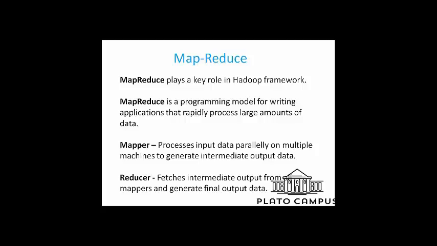So MapReduce, you can say, consists of two words. One is map and another one is reduce. In order to understand what map is and what reduce is, I will take you back to the school example. Let me remind you that the principal has distributed the task of checking 1,000 answer sheets among 10 teachers.